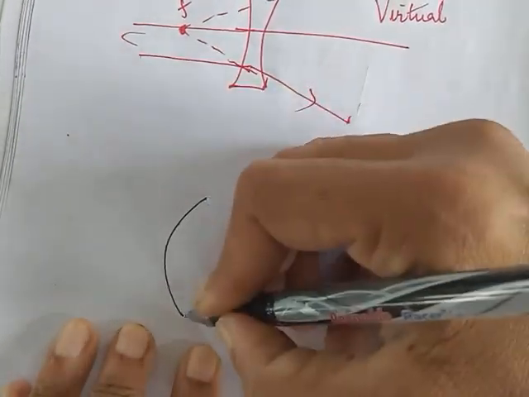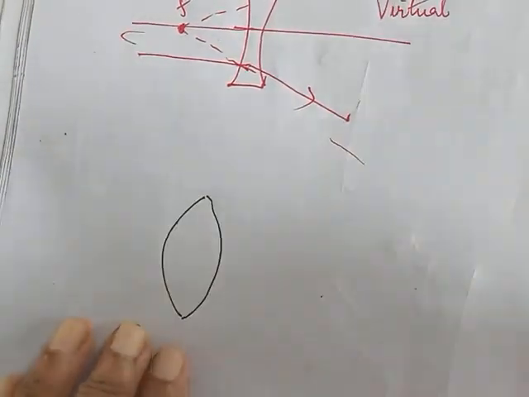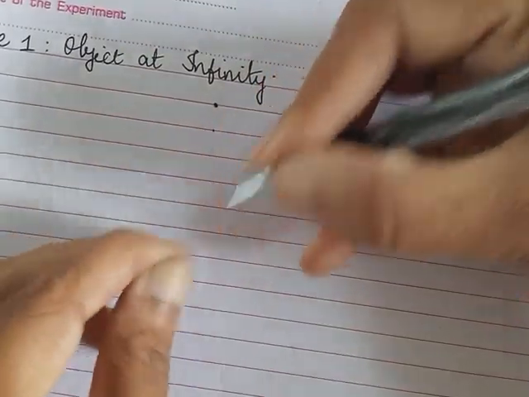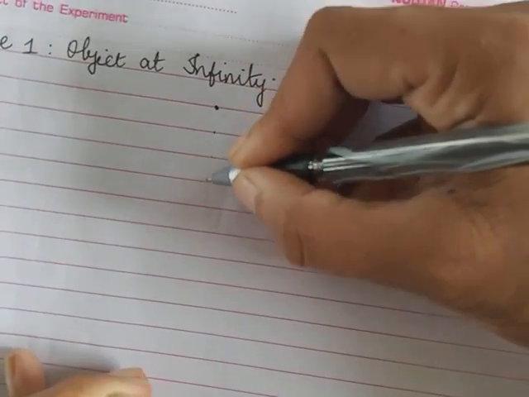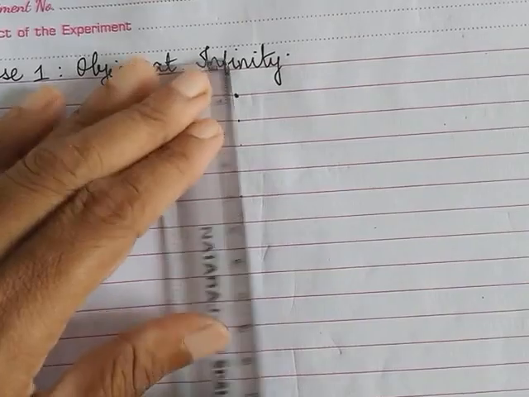Sometimes I see children using a compass and drawing such bulging lenses. Don't do that. It should be as thin as possible, then only you will get proper diagrams. So what I would prefer is you take 2, 3, 4, 5 lines, and you first draw a dotted line.